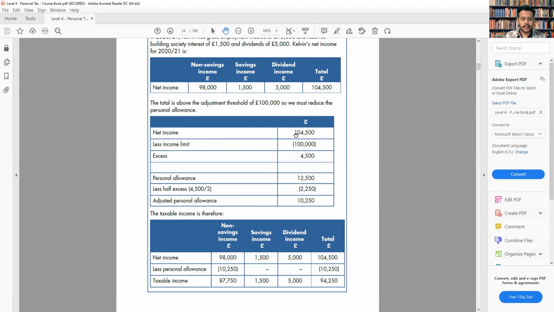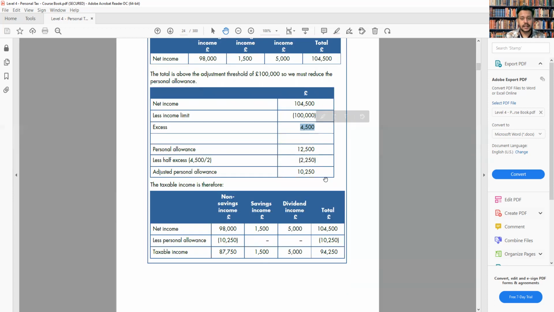First, we take the net income, that is 104,500, minus the income limit, that is 100,000. Find the difference, 4,500. And this 4,500 we have to halve, so divide by 2, to make it simple. It will be 2,250. And this 2,250 you have to minus from your personal allowance.